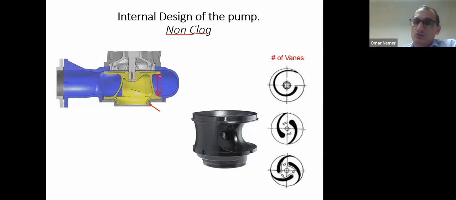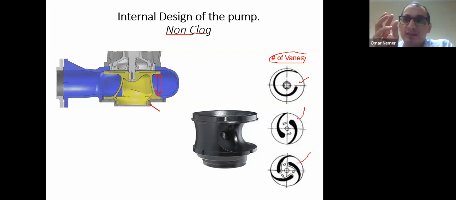The second is the number of vanes of the impeller. In this kind of non-clog pump, generally there is one vane, or two or three vanes as a maximum. Once you lower the number of vanes, this will be one of the reasons that lowers the efficiency. But we cannot increase the number of vanes, because this will affect the ability of the pump to pump bigger sizes of solids.